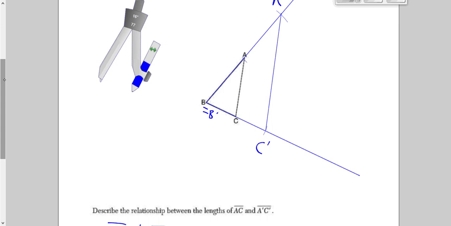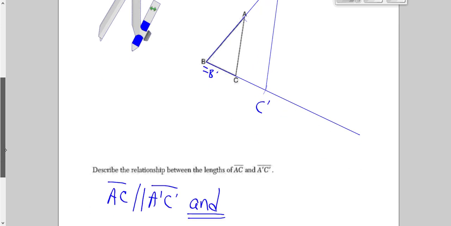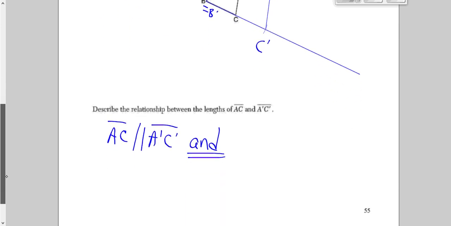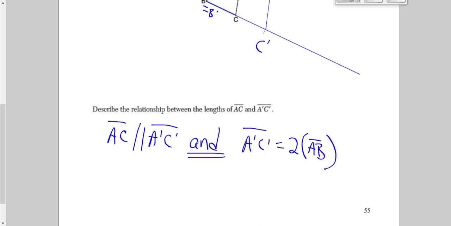So the new segment A prime C prime is equal to twice AC. Oh, I'm sorry, I wrote AB. Thank you. The image is twice the size of the pre-image.